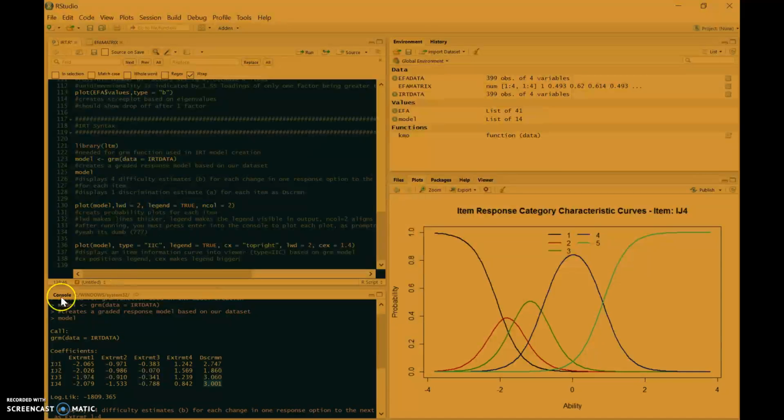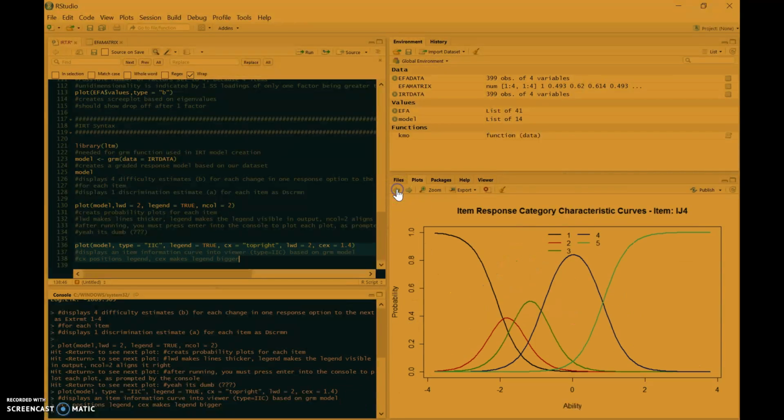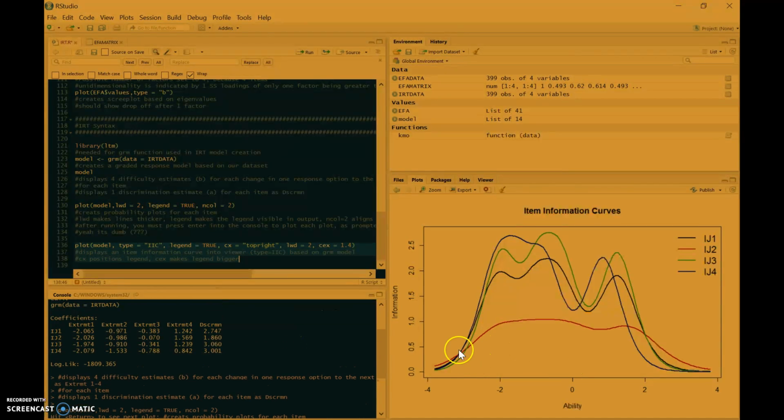Anyway, let's look at our final plot, which is the item information curve, sorry. Boom. So this is kind of like an agglomeration of everything. Kind of, not really, but we're looking at the amount of information that each item gives us at each point in theta space. We can see our IJ2 does not give us much information across the board.